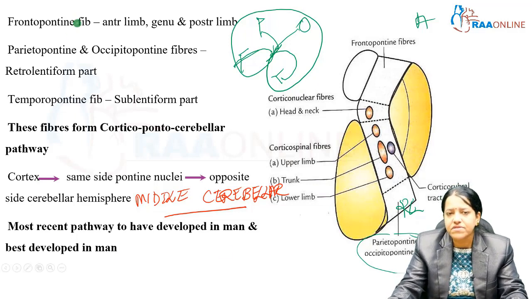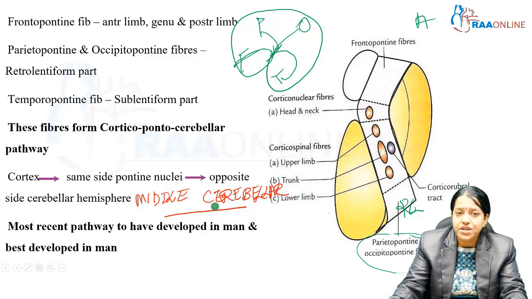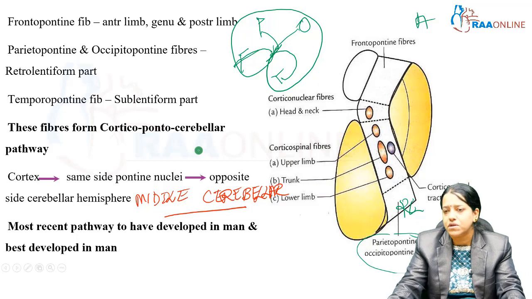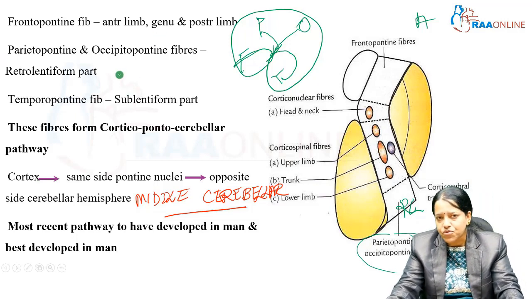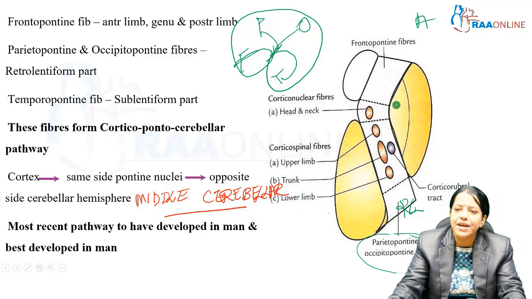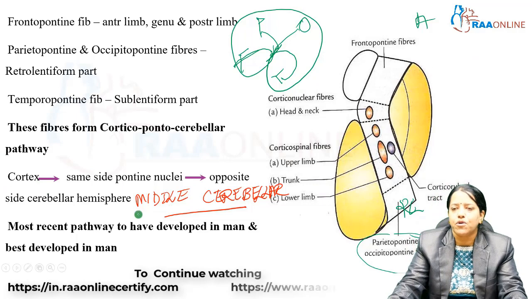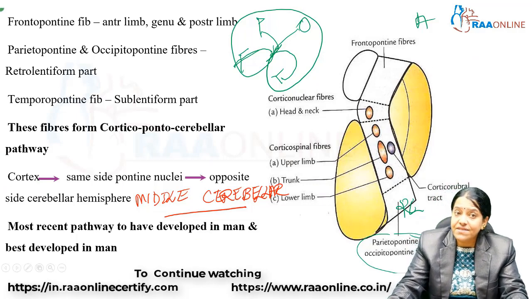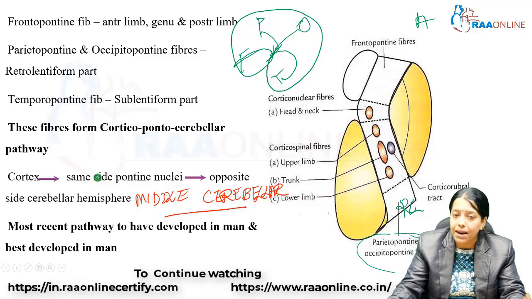That's why this system is very important for giving the movement a fine touch and coordination. That is the neocerebellum. So the motor fibers passing through the internal capsule for the neocerebellum are the corticopontine fibers, and then from the pons it goes to the cerebellum. That is the way the cerebral cortex is connected to the cerebellum.